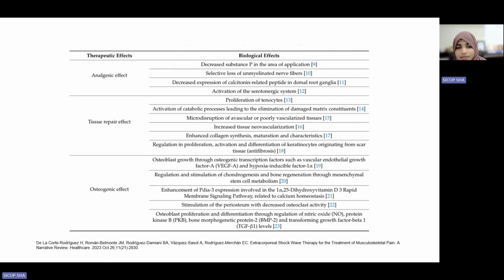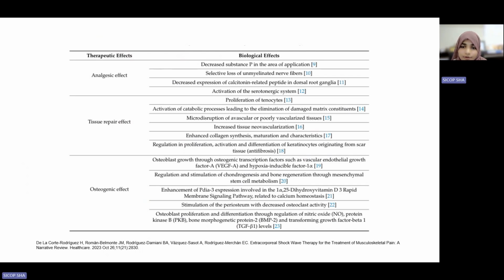Another effect is osteogenic effect. For osteogenic effect, as we saw initially, it also has an effect on osteoblastic stimulation. The biological effect seen here is osteoblast growth through osteogenic transcription factors such as vascular endothelial growth factor A and hypoxia inducible factor 1 alpha.